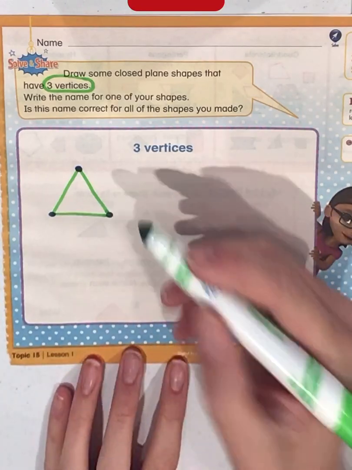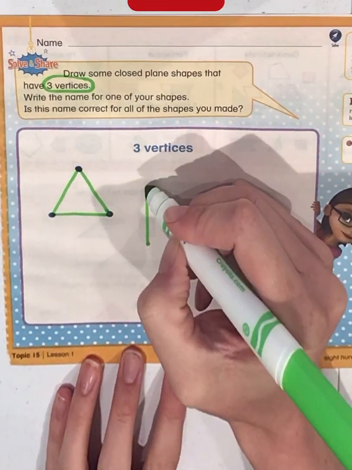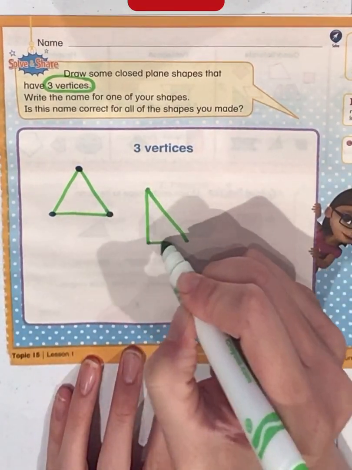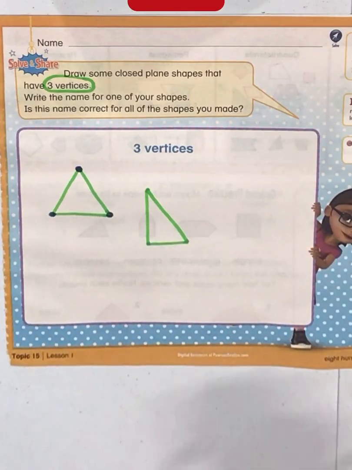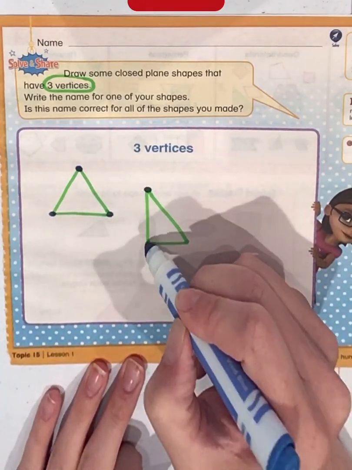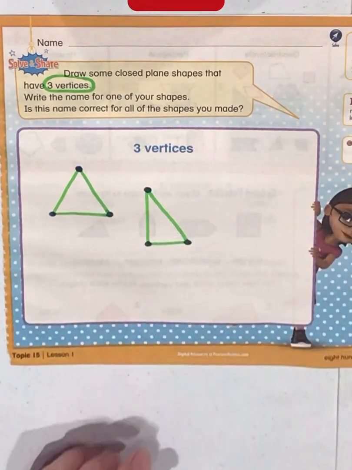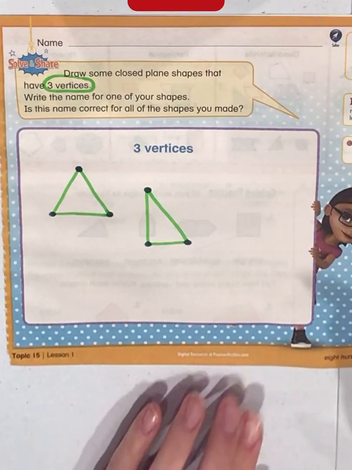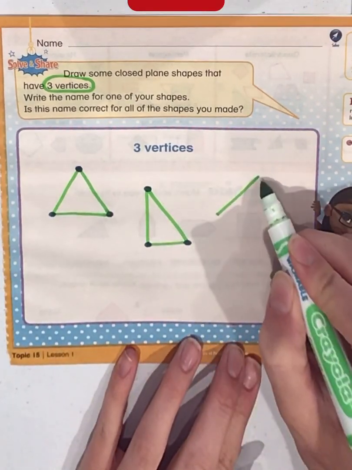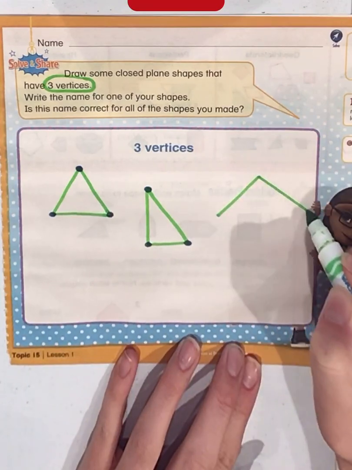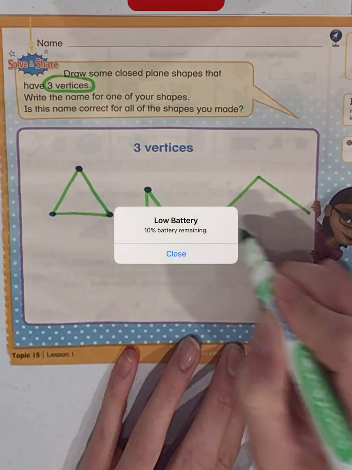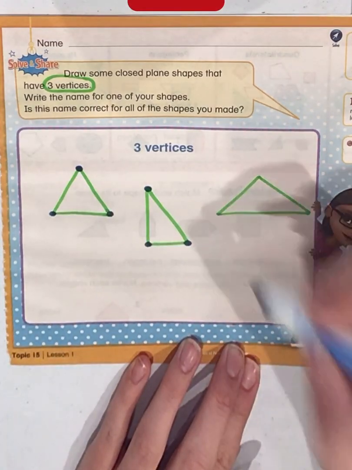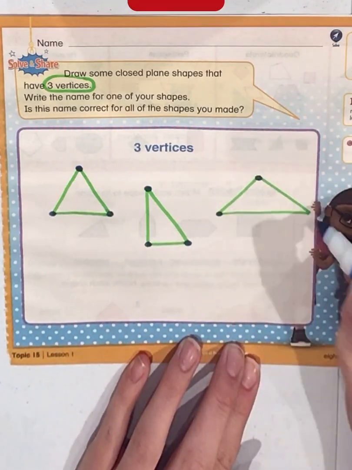Now I could draw a shape that looks like this. This shape also has 3 vertices. Okay, I could also draw a shape that looks something like this. So that also has 3 vertices.